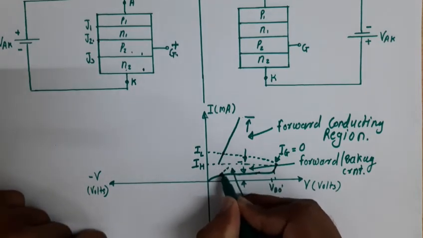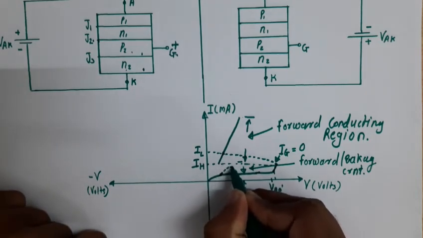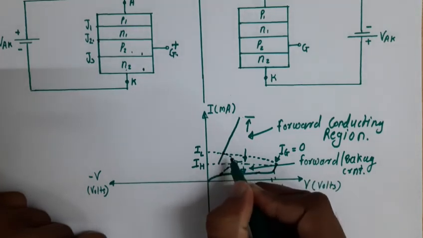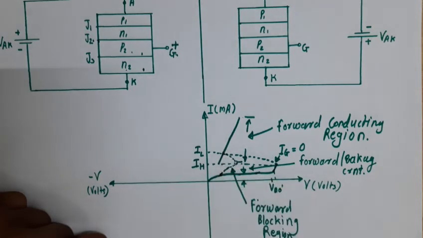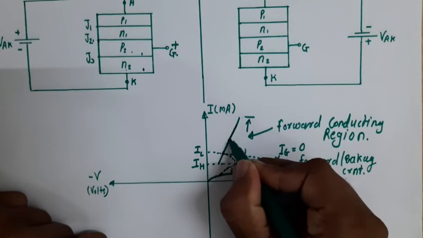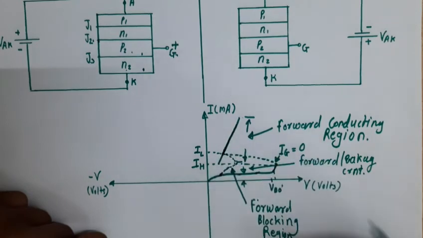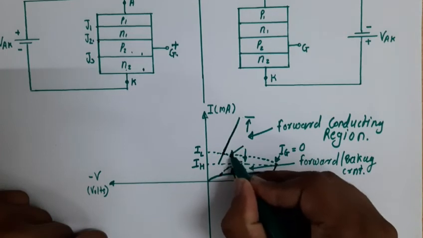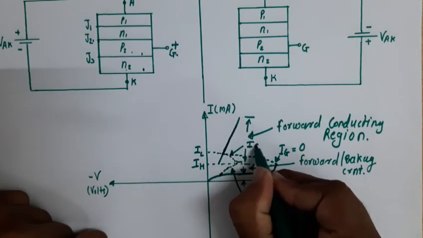So here when Ig1 starts flowing, the current rises slowly and at some point it will increase and it will become greater than the latching current and device is turned on. So we denote this value of current as Ig1.